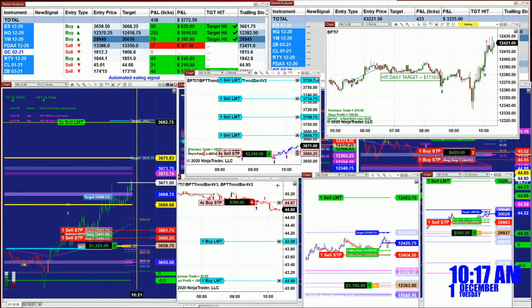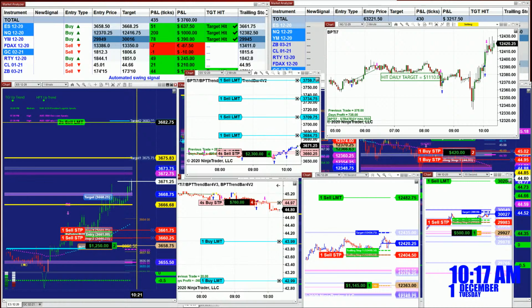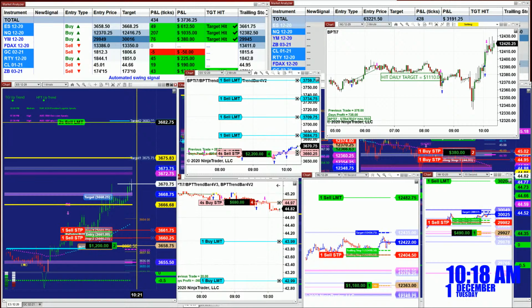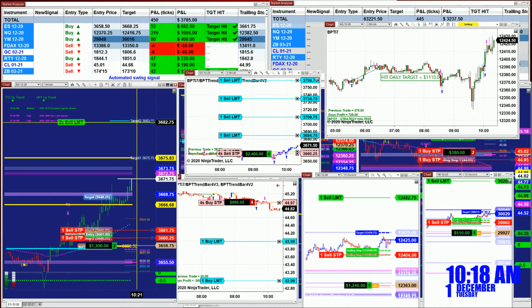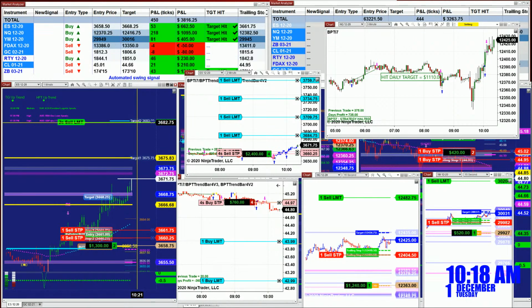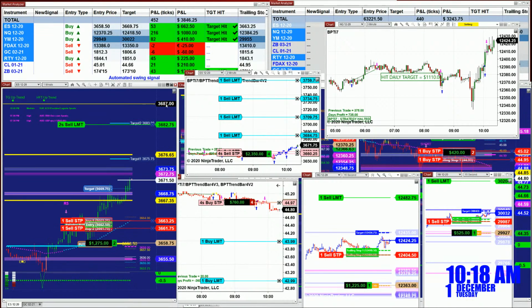So whoever is auto trading or manual trading, this is my expectation on the ES, and we will see. Now it's 10:18, it's a bit early, but I'm not expecting anything further than 36.73.75. And if the market really wants to trend, 36.82 will be the max for today.